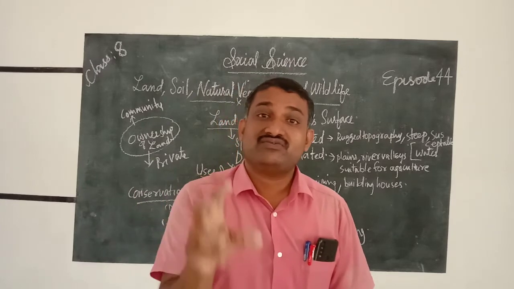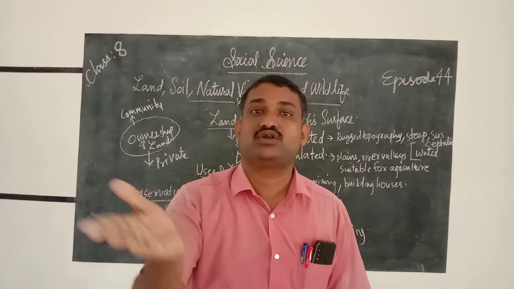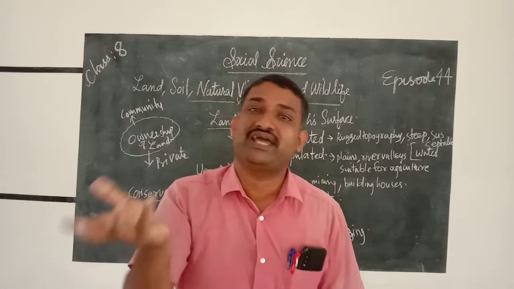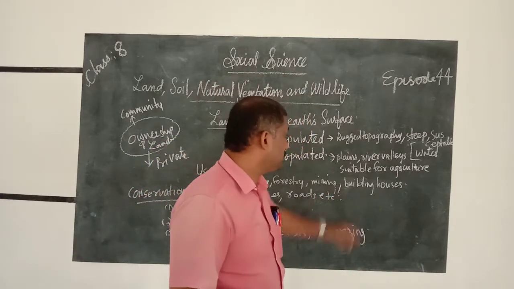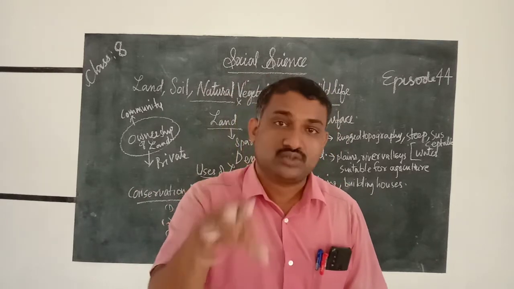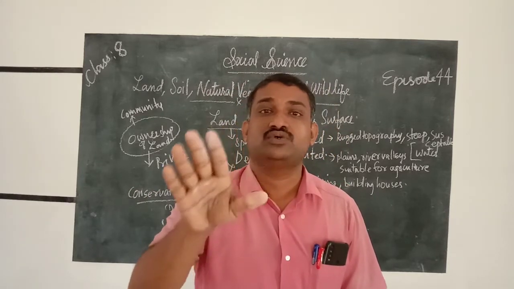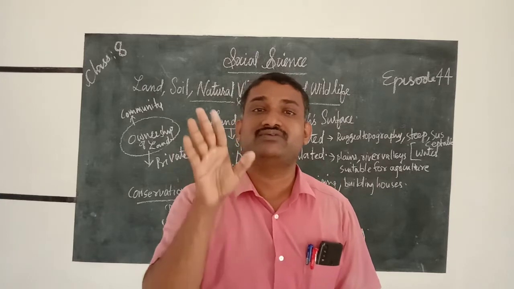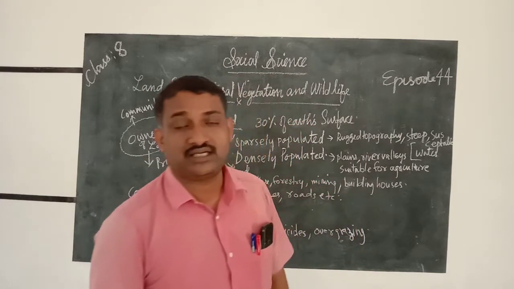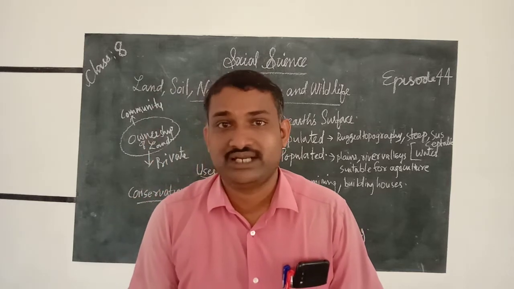So in river valleys and plain areas, people are thickly or densely populated. Wherever the area is suitable for cultivation, people want to live there. That area we can call densely populated.